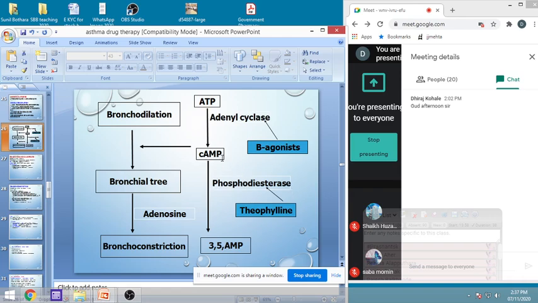Cyclic AMP has the action of bronchodilation on the bronchial tree. Adenosine secretion causes bronchoconstriction, so this is prevented because of this cyclic AMP mediated action.